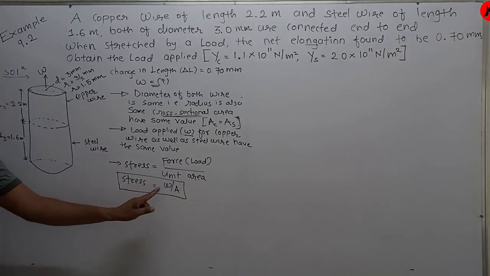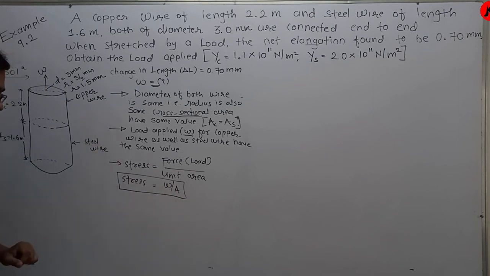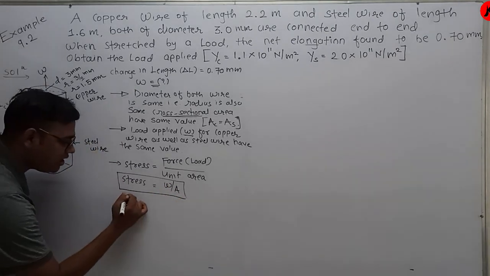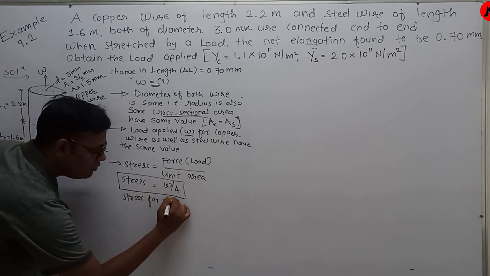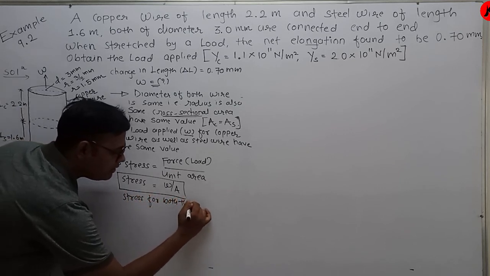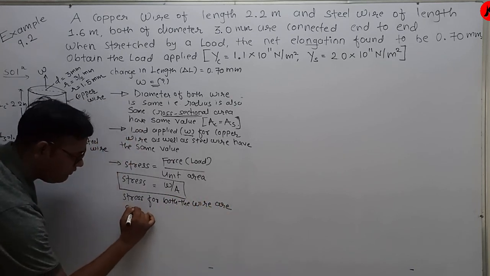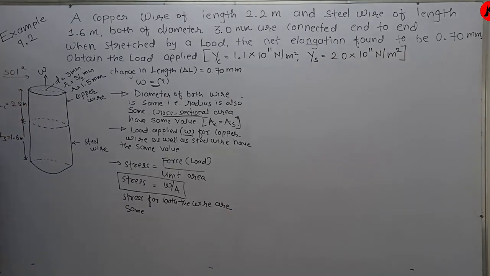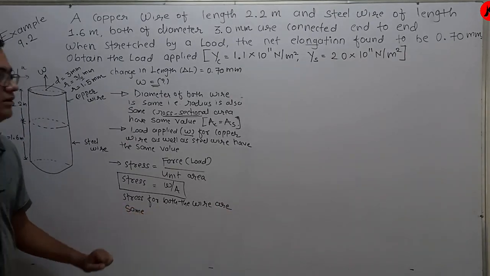So here the value of W and the value of A, cross sectional area, for both the wires are same. So it means the stress for both the wires is same. So we have a very important conclusion: stress for both the wires is same, right?